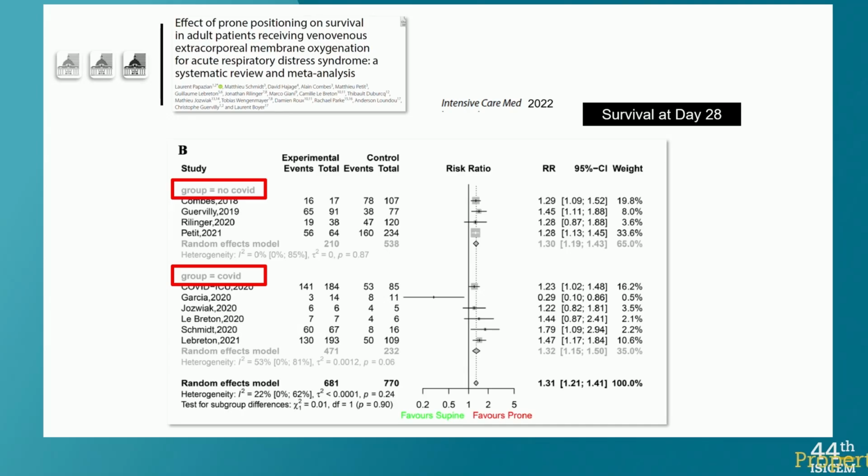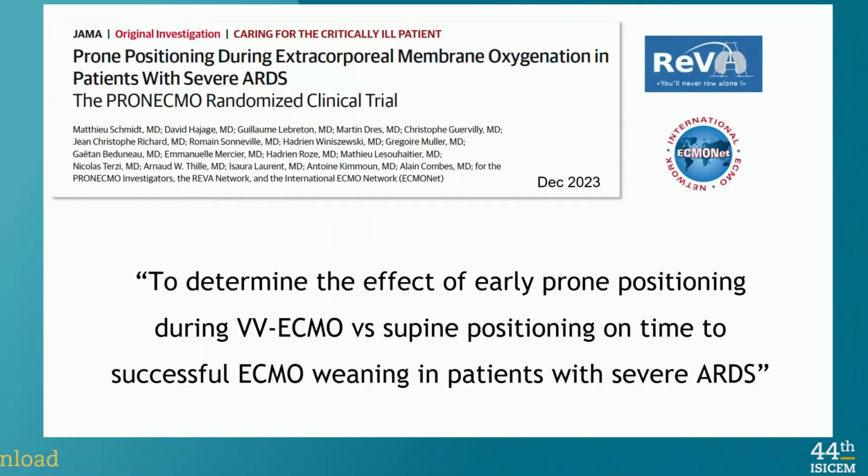All these studies showed almost the same signal, suggesting that combining prone positioning plus VV ECMO could be associated with lower mortality, and also a shorter ECMO duration. However, all of these studies were observational. So at some point, you need to try to confirm this potential positive impact of prone positioning on ECMO.